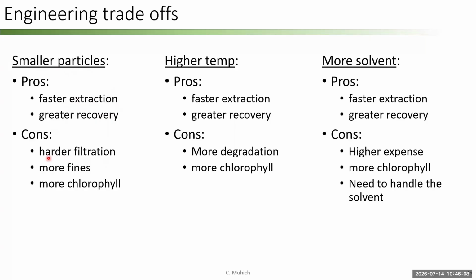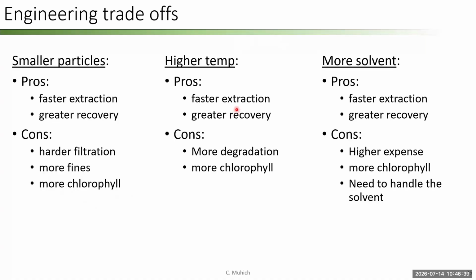But with smaller particles, it can be hard to remove the solids at the end. I'm going to have more fines, the very, very small particles, which are maybe going to end up in my final product, because I've enhanced the diffusion not just of the molecules I want, but of everything. So I can end up with more undesirable products in my product.